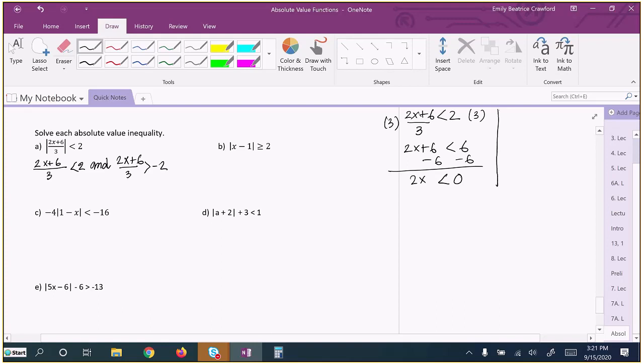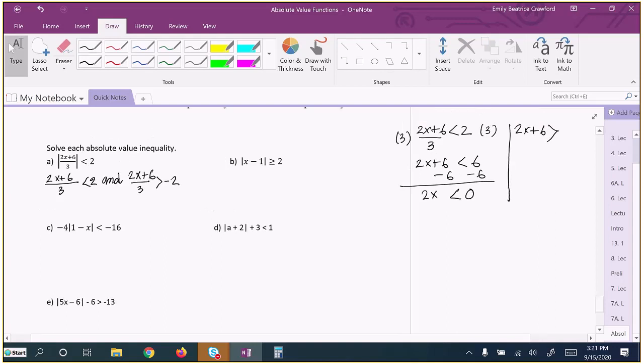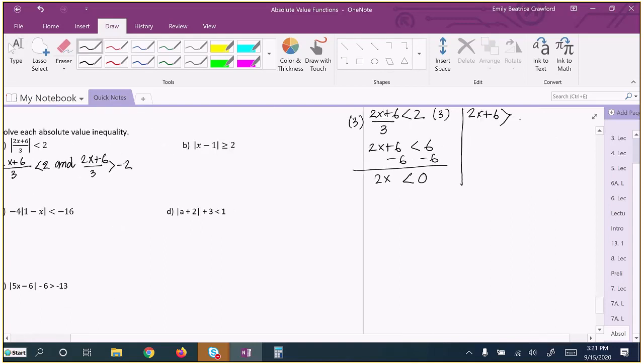The other one is (2x plus 6) over 3 is greater than negative 2. So again, I'm going to multiply 3 on both sides so that I can cancel these, and I get 2x plus 6 is greater than negative 6.